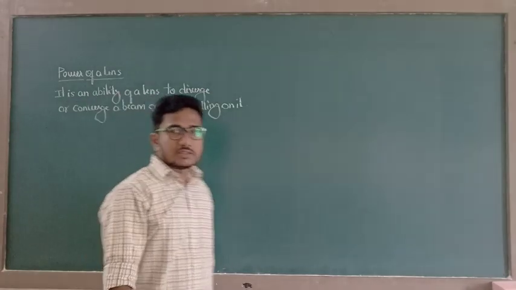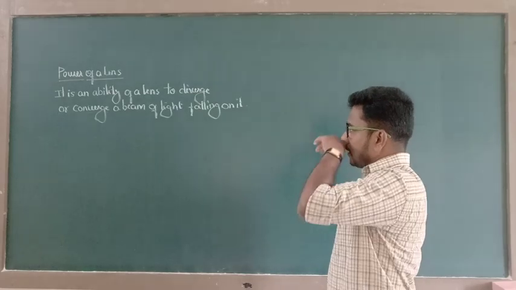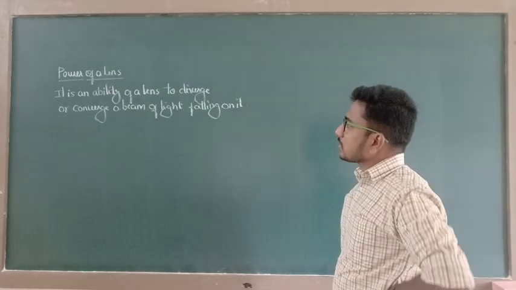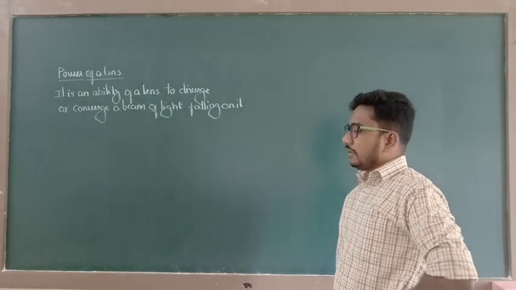So this is known as power of the lens. It is an ability of a lens to diverge or to converge a beam of light falling on it.